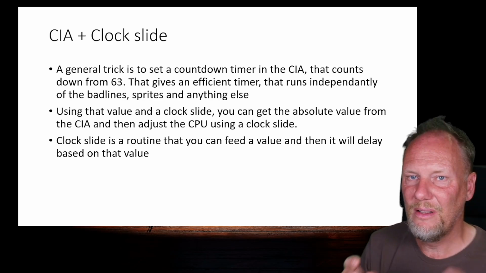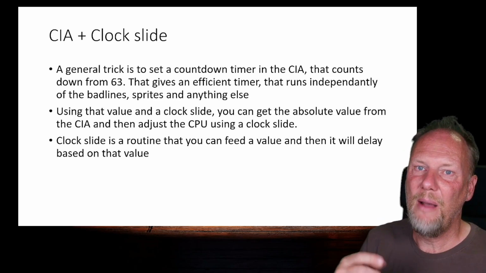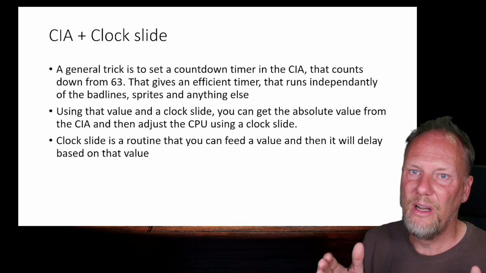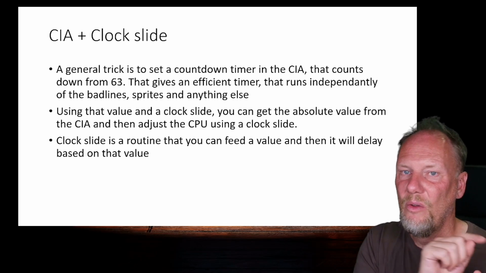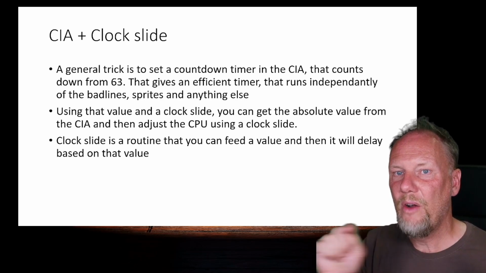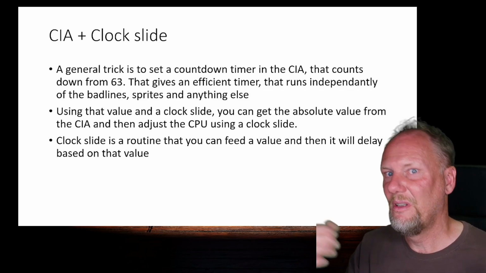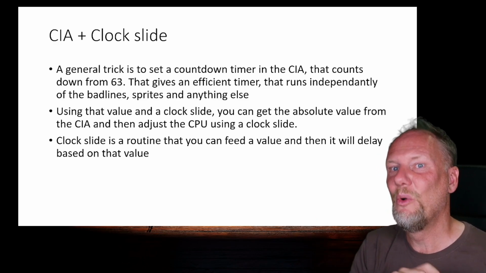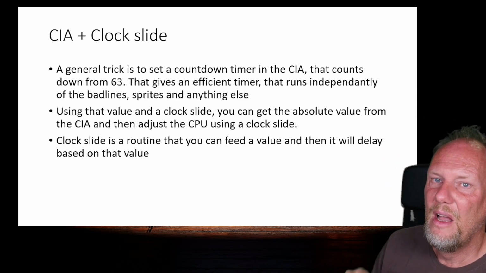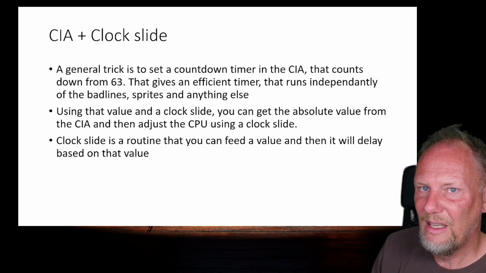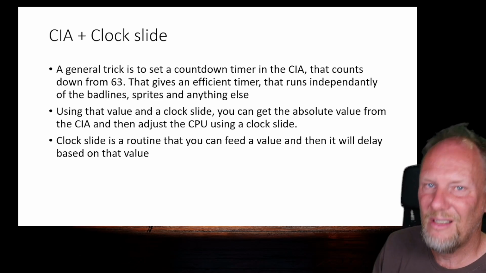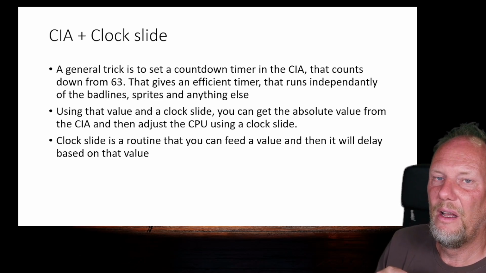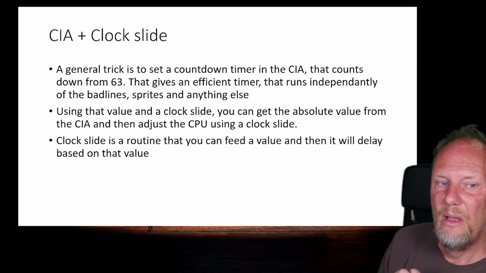If you ensure that countdown happens totally synchronized with the screen, reading the value from this CIA would give you where you are on the screen, but in reverse, or how many cycles you have left on the line. Applying that technique together with a clock slide, you can have a perfectly stable interrupt, basically at will.